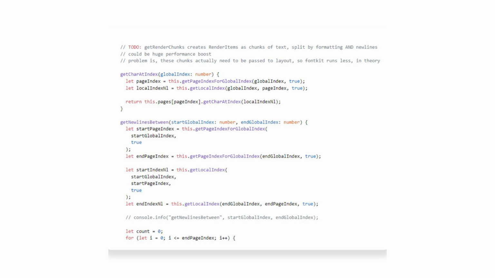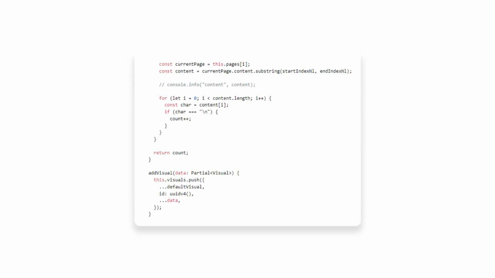It retrieves a specific character by accessing the page's method getCharAtIndex using the local index. 2. getNewLinesBetween method. This method counts the number of new line characters between 2 global indices. It calculates the starting and ending page indices and local indices for both the starting and ending global indices. A loop is initiated to traverse through pages. Here we perform 2 main functions.